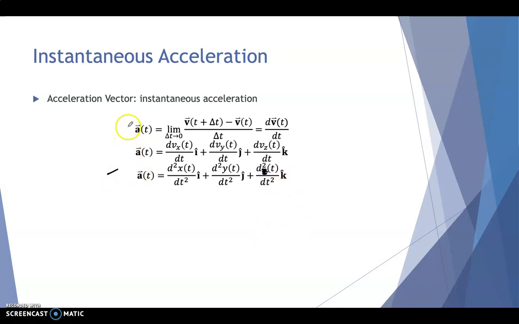So we can write this in 3 different ways here. These spell them out a little more straightforward, I guess you can say. We can take each component of our velocity or of our position and take the derivatives that way. It's just a little bit more straightforward there.